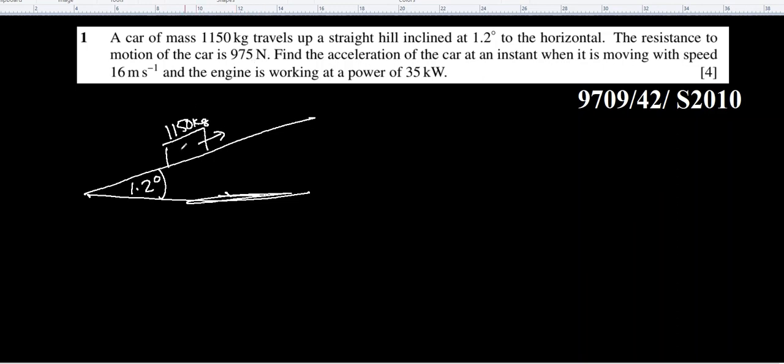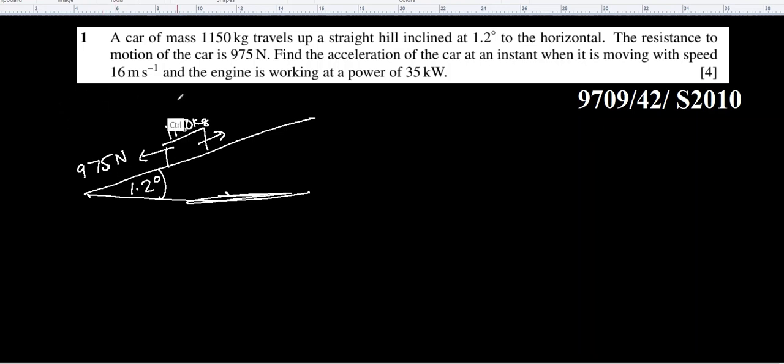That means if it is moving up, the resistance is 975 Newtons, and this 975 Newtons includes air resistance plus friction. Alright, what is next?